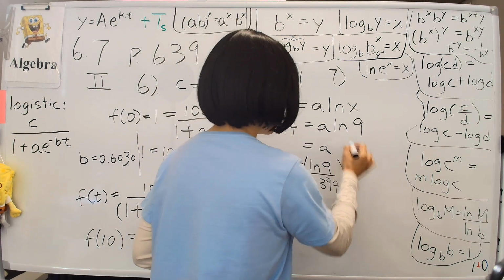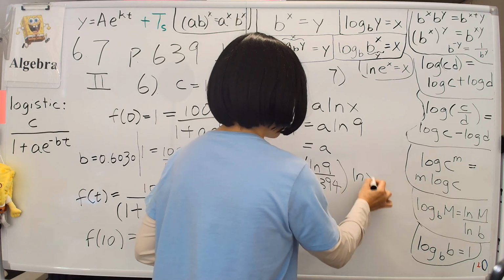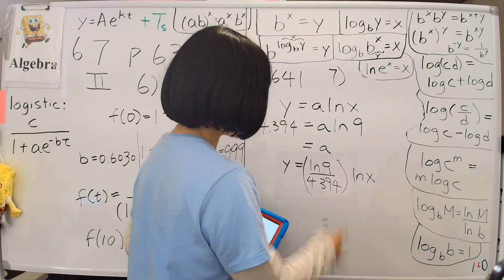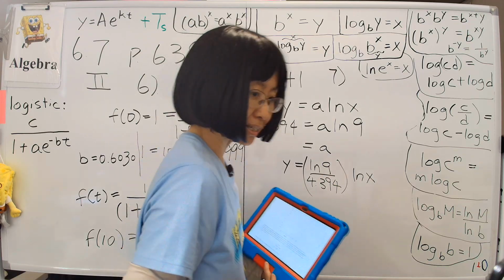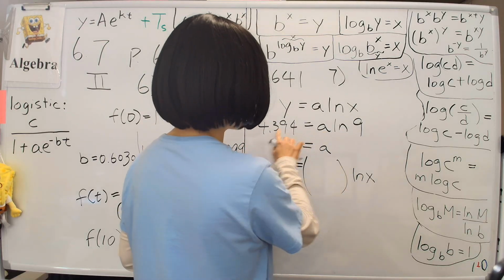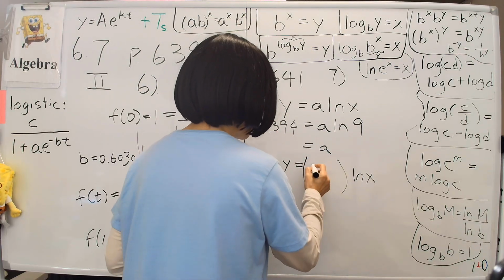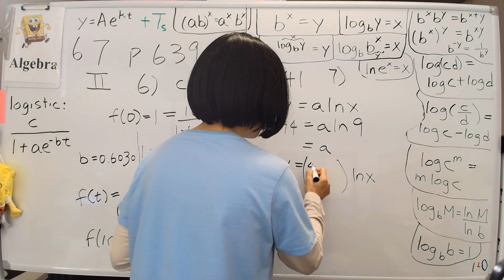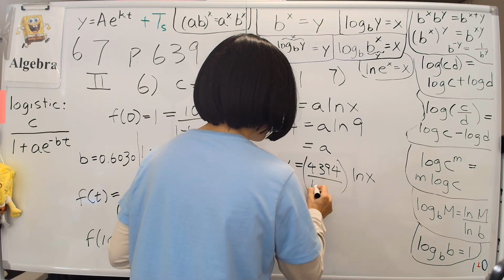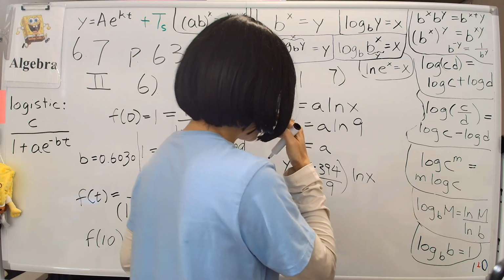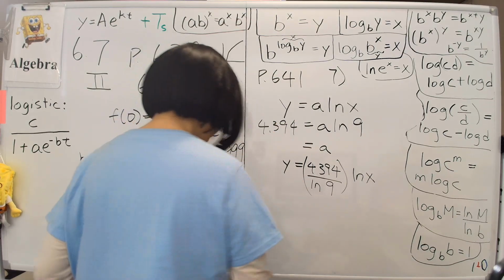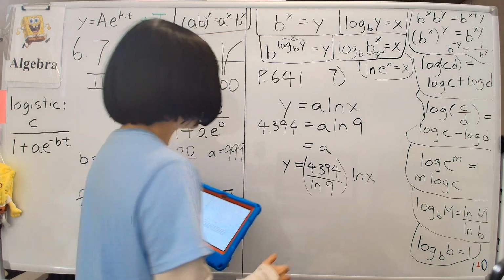Oh man, I wrote it upside down, didn't I? Now I have to erase it. Okay, a equals 4.394 divided by the natural log of 9. That's much better. Then we will plot this into the graphics calculator, and that will give us the result.